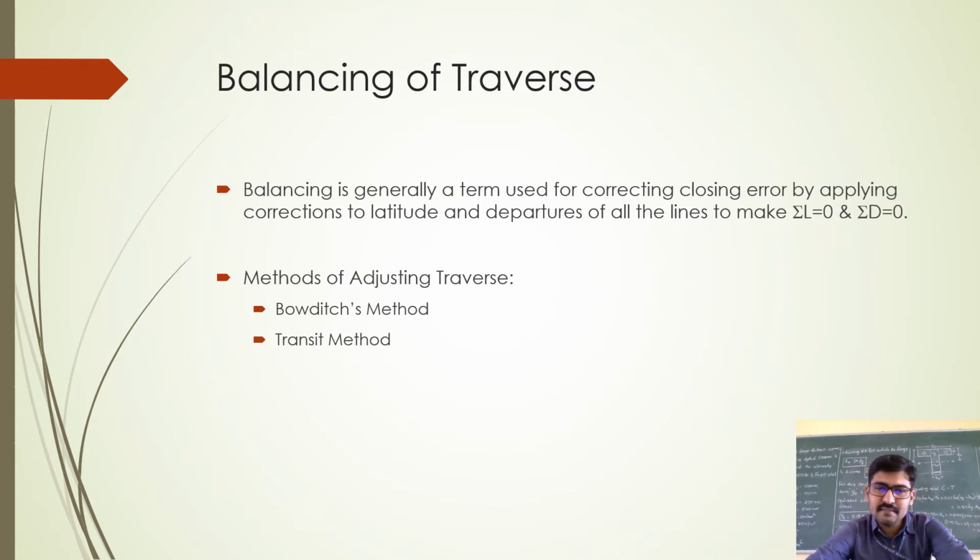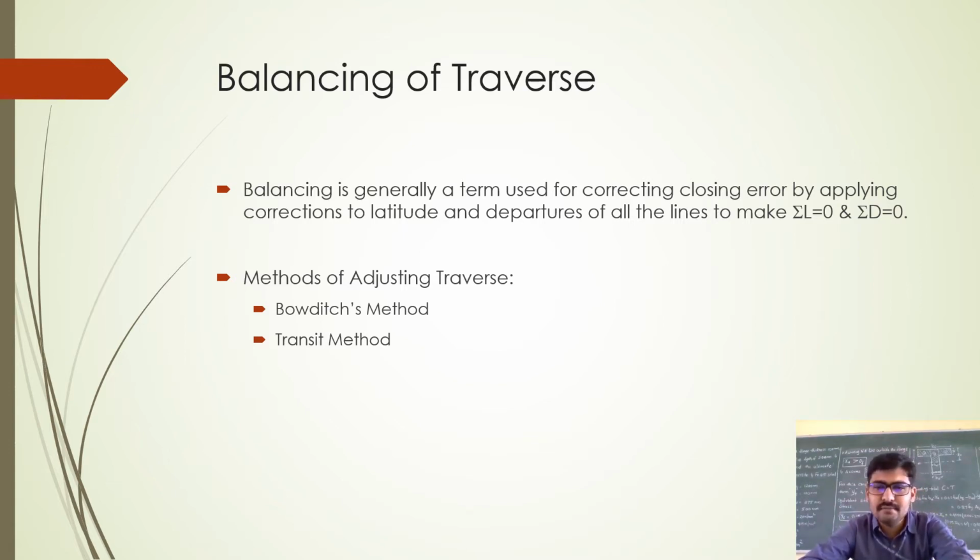So theta is nothing but the bearing and L is the length of the line. There are 5 lines we have seen, and all 5 lines give you 5 latitudes and 5 departures. And you have even seen that the latitude and departure can be plus or minus.